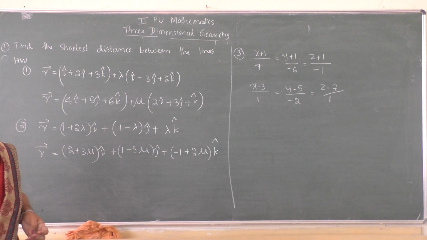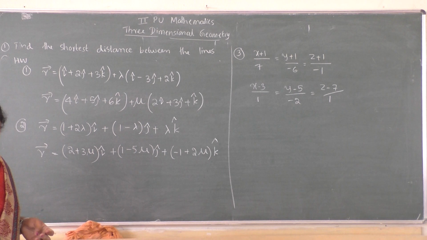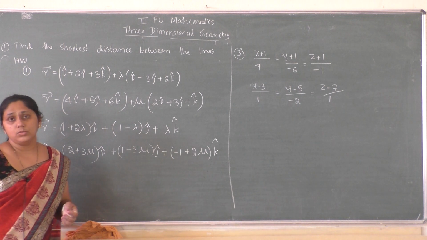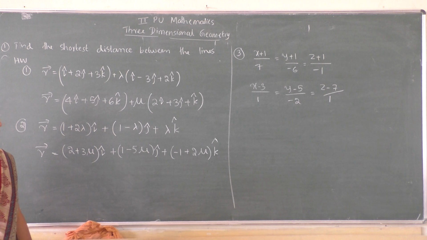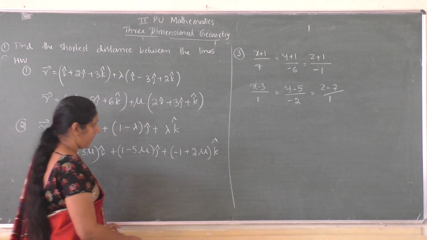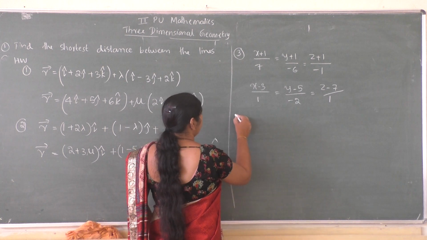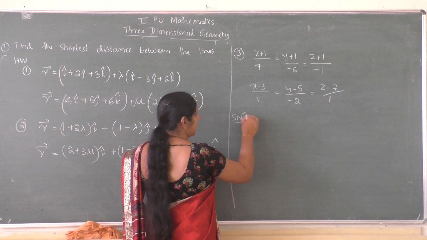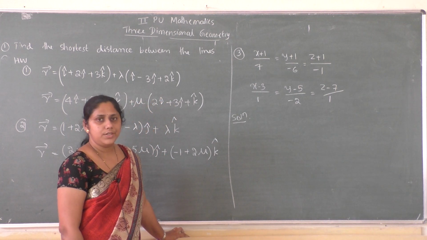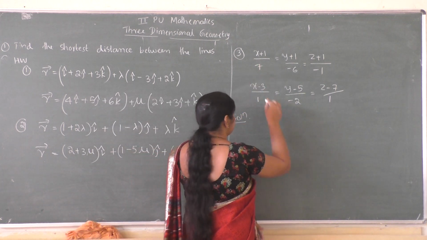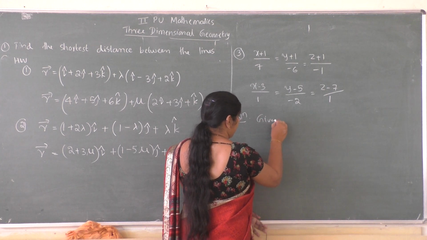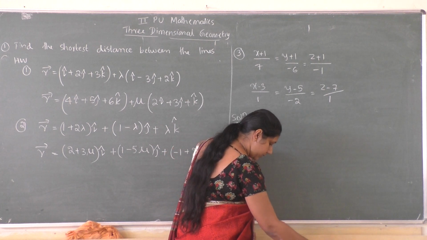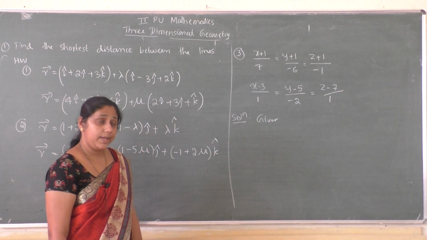See here, the given equation of the line is in which form? Cartesian form. So you have to use the second formula. What is the second formula? D equal to magnitude of that determinant formula you have to use. First you have to convert the equation into standard form. So what is the standard form? x minus x1 by a1 equal to y minus y1 by b1.